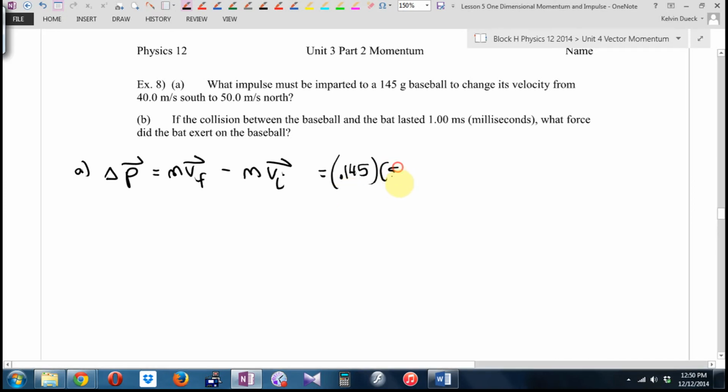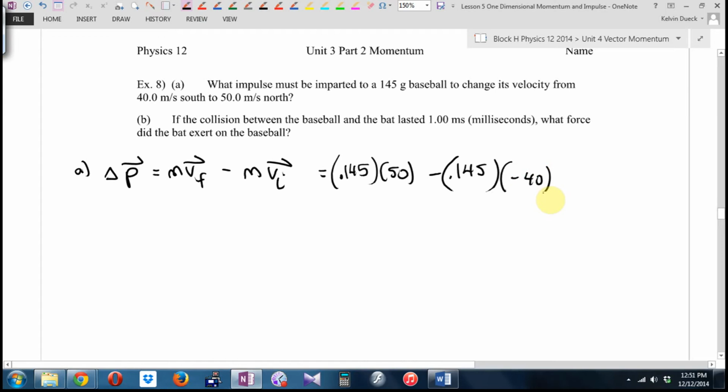Okay. Minus. You said mass 1 was 145 grams, or 0.145. What's the initial velocity? Wait a minute, I don't see it. Where'd that negative come from? South. And you can see it actually kind of makes sense.